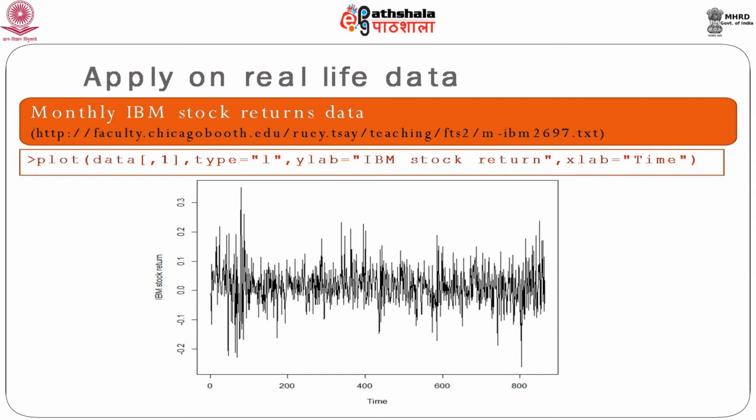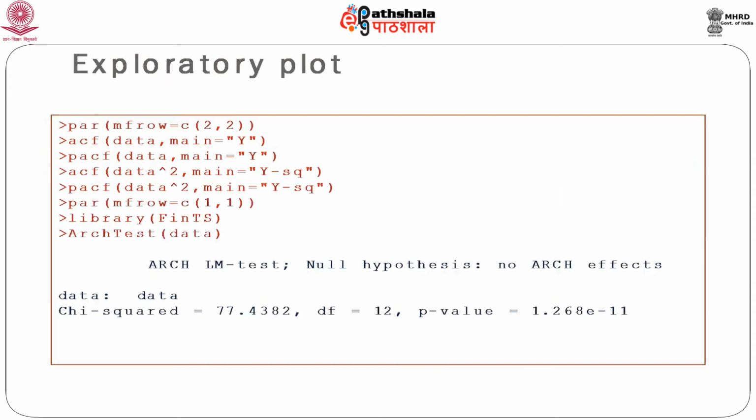Just to get a time series plot, I took the data in the first column and plotted it, that is the IBM stock return. The IBM stock return looks like this, and it's indicating some volatility, of course, from here itself.